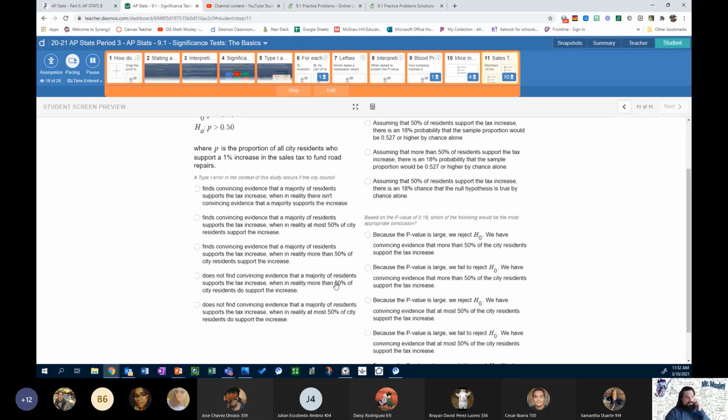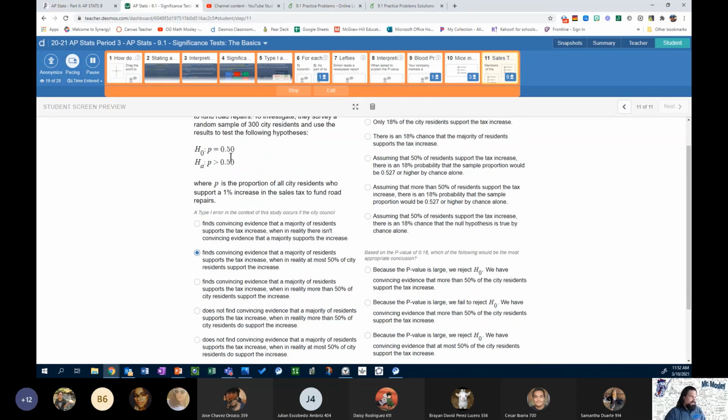And so that would be our second statement. This error would say that we found convincing evidence that a majority of residents support the tax increase, when in reality, at most 50% of the city residents support the increase, because the second part of the phrase refers to our null hypothesis being true, saying at most 50%.